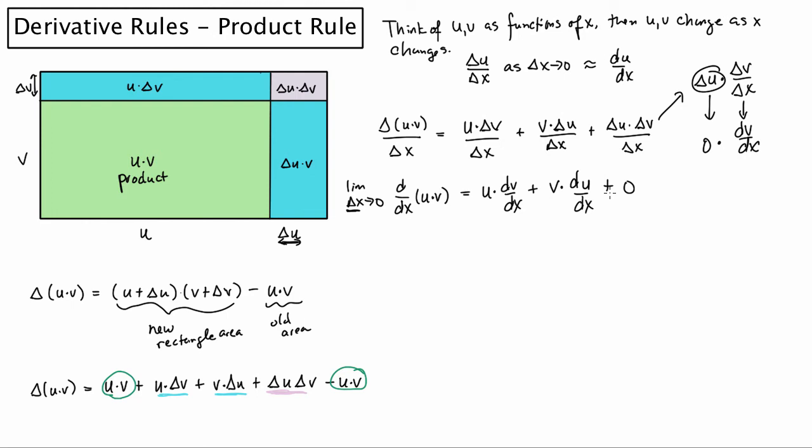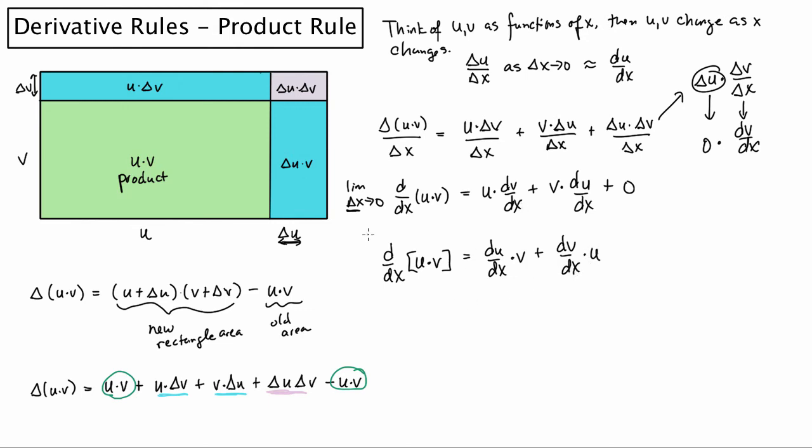So thinking about what this says, if you want to write it out, the derivative with respect to x of u times v is equal to, typically we write it this way. I'm going to start with the second piece here. It's the derivative of u with respect to x times v plus the derivative of v with respect to x times u.